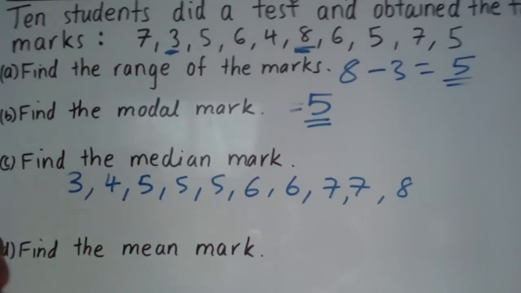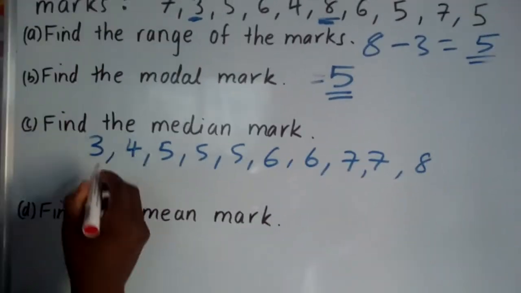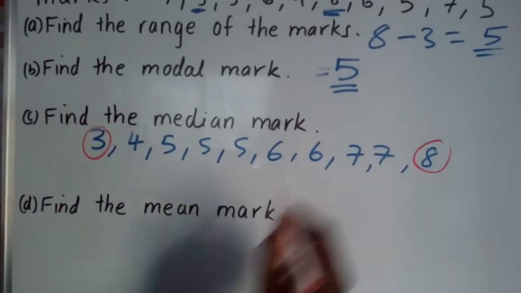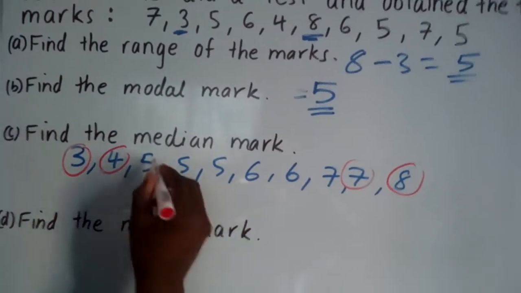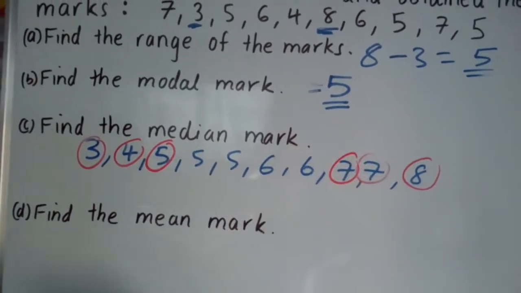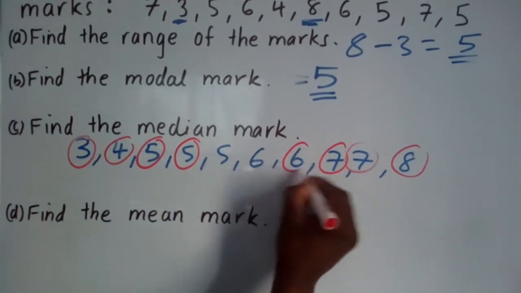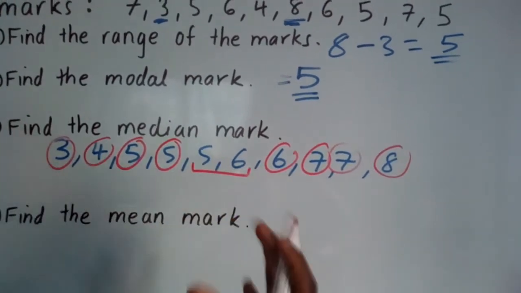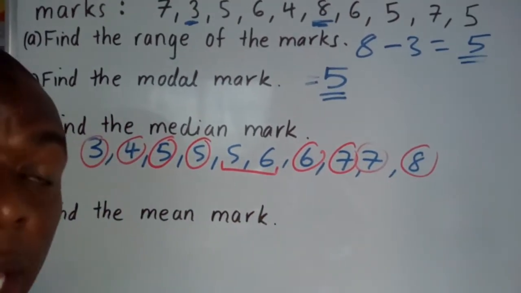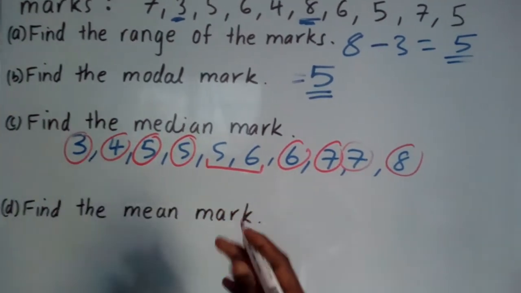After arranging our information in order, we start cancelling one by one, one from the front and one from the end, from front, from the end, from front to the end. Now when we get one value in the middle, that's automatically our median.